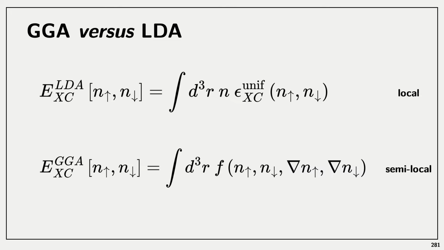So you could think that very often in physics, we use Taylor series, right? And so we could consider that we start with LDA as being the first order approximation, and then we add corrections like the first derivative, second derivative, and so on and so forth. So that would be an idea, and that would give the idea of a gradient expansion.